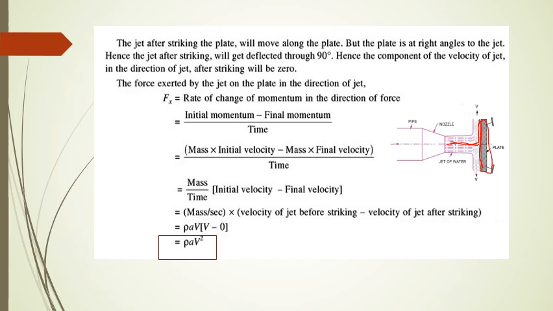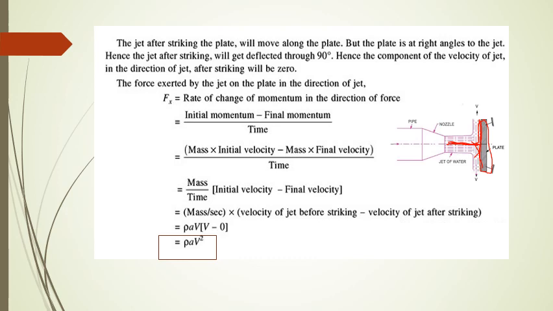Therefore, the force exerted by the jet on the plate in the direction of the jet is Fx. Here the force is in the horizontal direction. So Fx equals the rate of change of momentum in the direction of force. I already told you in the introduction that the force exerted by the jet is due to Newton's second law or the impulse momentum equation.